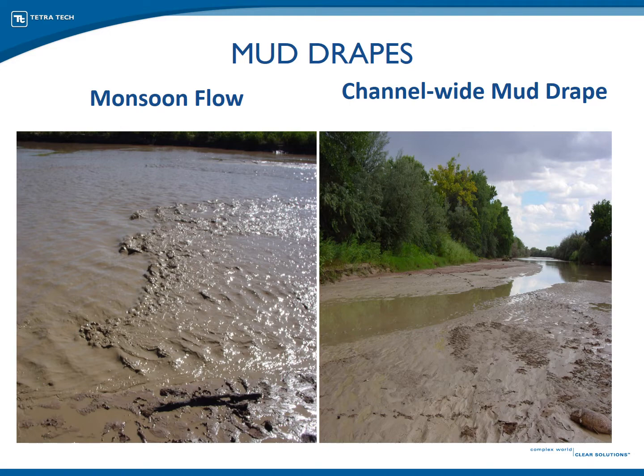Here's a factor that doesn't show up very often, and in my opinion it is critical to the whole issue. It's the monsoon: high suspended sediment, almost super concentrated mud-like flows.